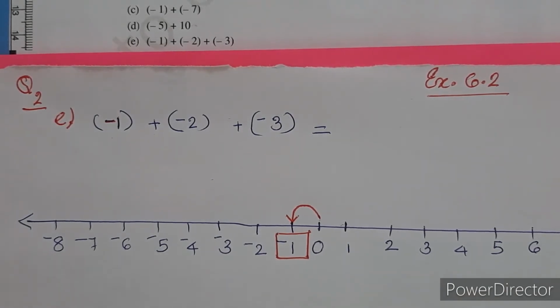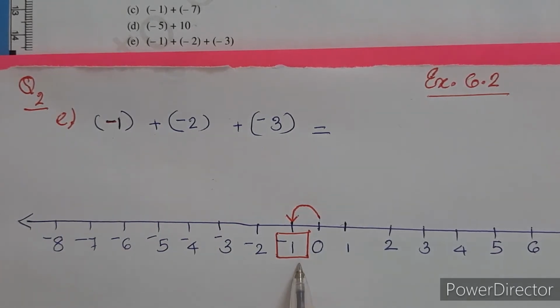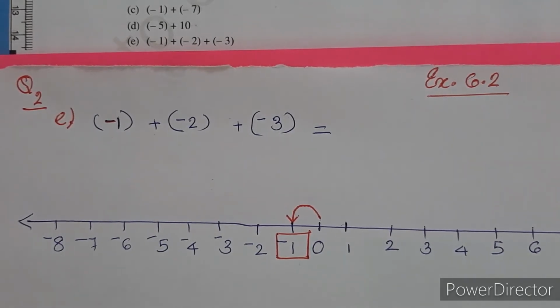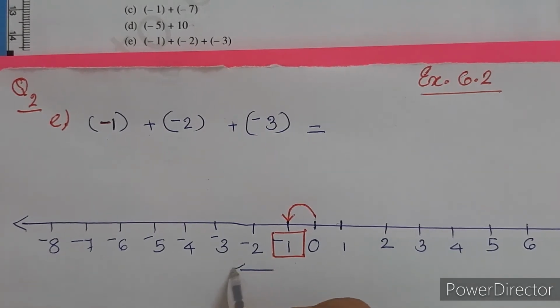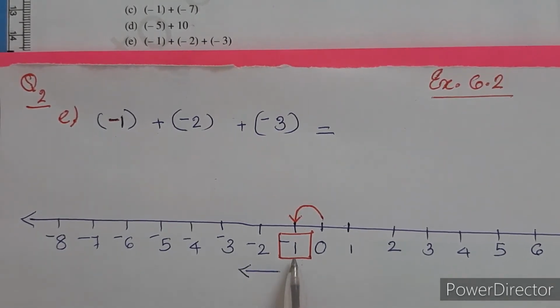Okay. Then second integer is minus 2. So we can add minus 2 to minus 1. Okay. So minus 2 is a negative integer. Obviously we can move in the left direction from the starting point. So this is the left direction of minus 1. Okay.